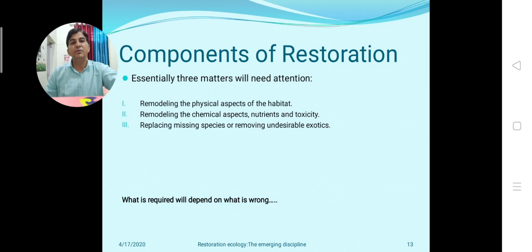So basically, three matters will need attention: remodeling the physical aspects of the habitat, remodeling the chemical aspects, nutrients and toxicity, and replacing missing species or removing undesirable exotics.